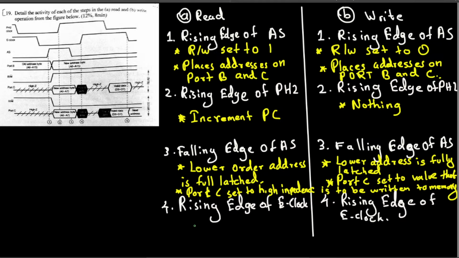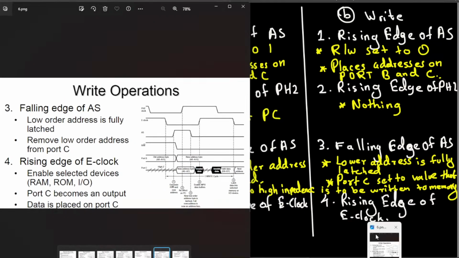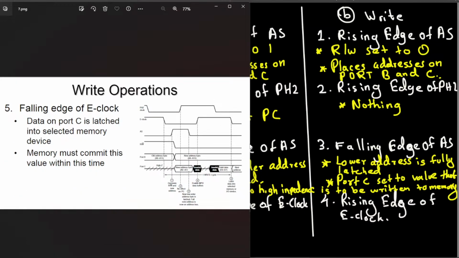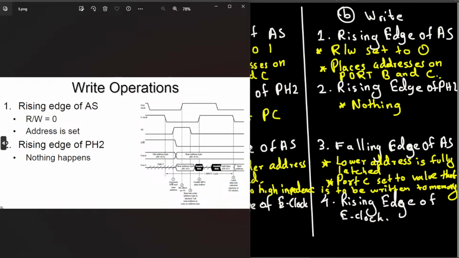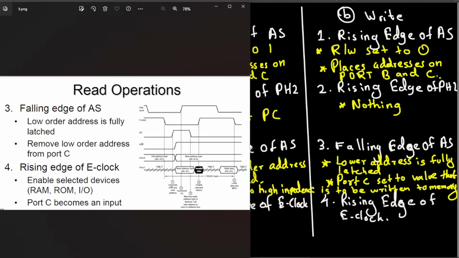Now let's look at what happens at the rising edge of the E clock. At the rising edge of the E clock, it enables select devices: RAM, ROM, input output devices. So here the selected memory devices are enabled by this point. That's what happens for the write. Let's look at the read one. Read is the same thing: enable select devices RAM, ROM, input output port.